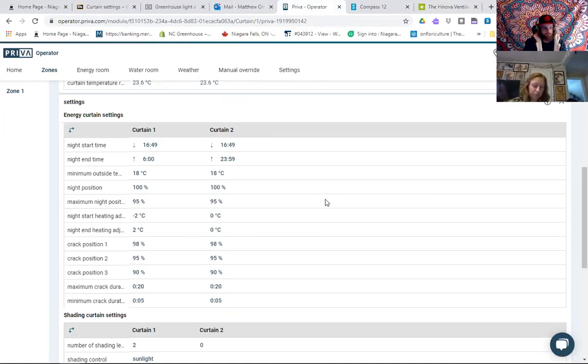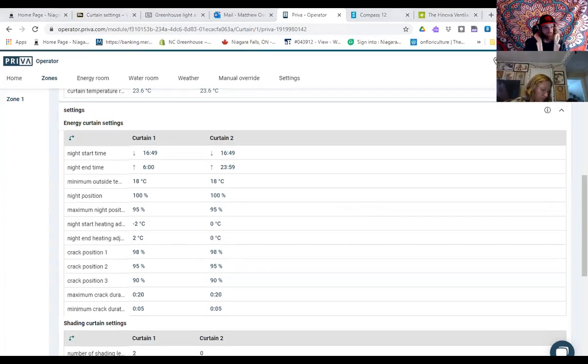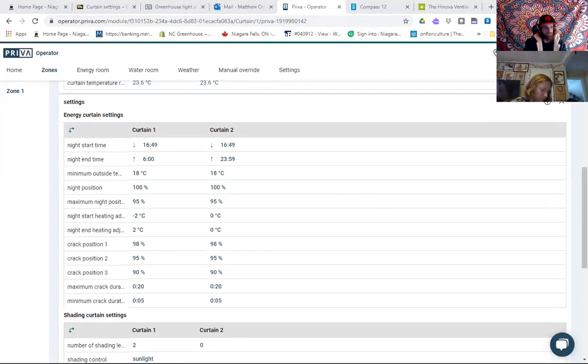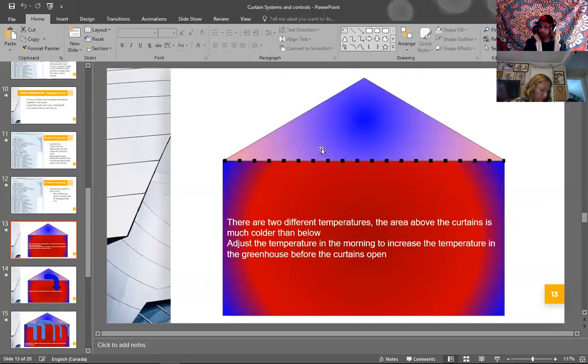We can gap those curtains if the humidity levels get too high, which allows for some air exchange from above the curtain to below. All that hot, humid air is collecting in the greenhouse. We gap it and we have some air exchange, right?